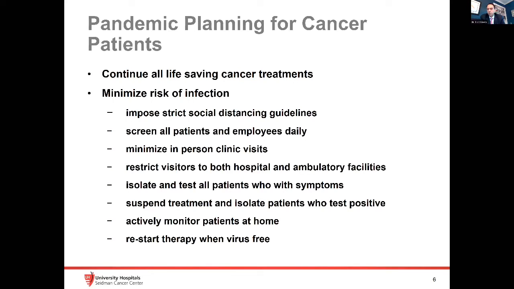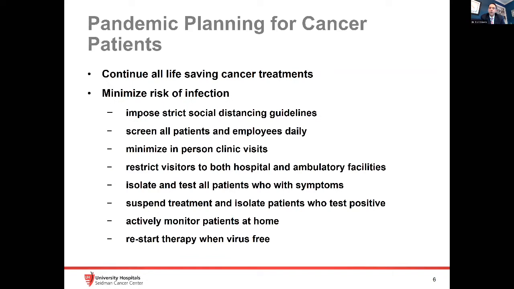Now, what we do need to do is deliver it safely and deliver it in a way that doesn't put patients at undue risk. So what you'll see when you go, if you've already been into Seidman Cancer Center or another hospital, is that we've taken a lot of steps in a very short period of time to minimize the risk to patients. We've imposed very strict social distancing guidelines. And now, that's part of our day-to-day vernacular, but that clearly means that we cannot have people congregating in common areas.